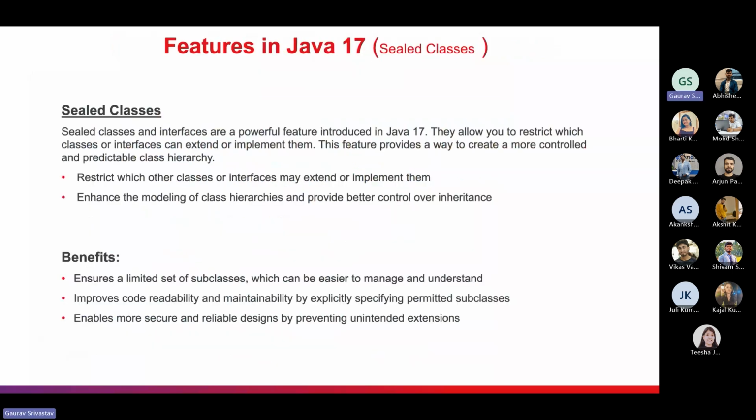Okay, so now we have sealed classes. I think we talk a lot nowadays about what a sealed class is and why it is so required right now. Suppose you have a class that is defined, and you define some methods and want these methods implemented only in concrete classes. What you can do is define this class as an abstract class.